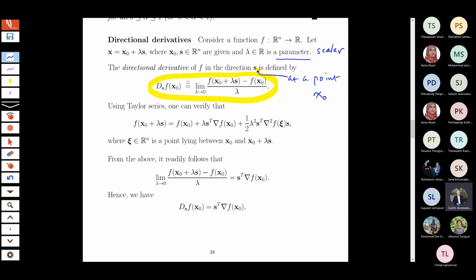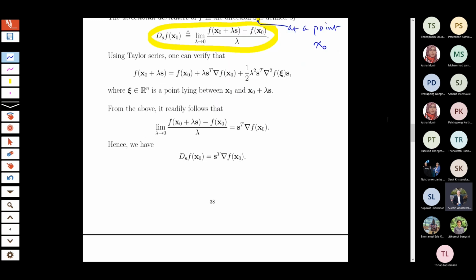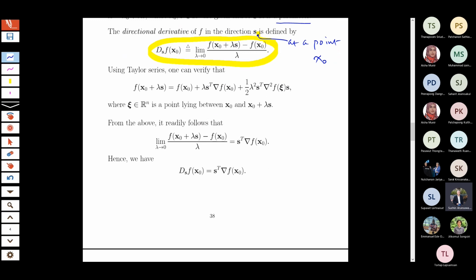Then we will use the Taylor expansion to find the relationship between the directional derivative of the function f, the gradient vector and the search vector. To see this, we use the Taylor series expansion up to the second term.